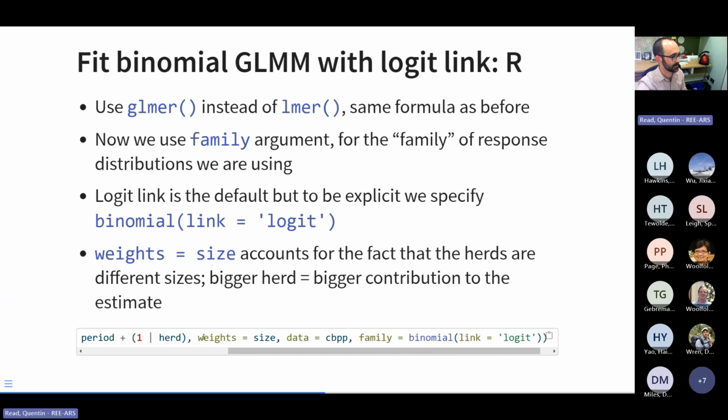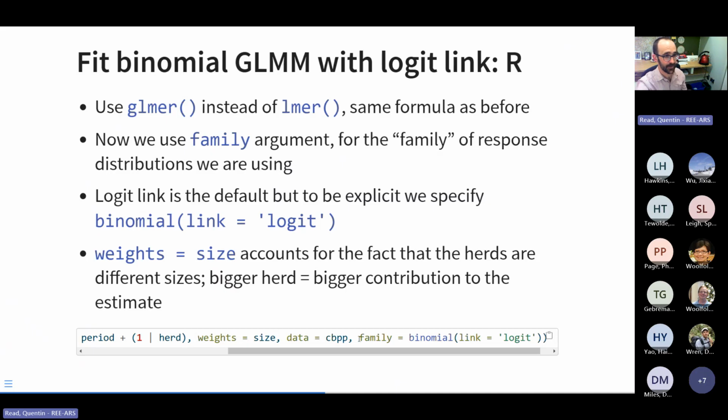First, we have the argument weights equals size, which means the size of the herd is the sample size for the binary outcome. So a herd that has 20 cattle contributes more to our estimate of the probability than a herd that has only 2 or 3 cattle. There's more coins you flipped there, so you get more information.